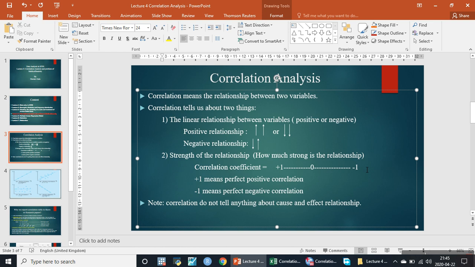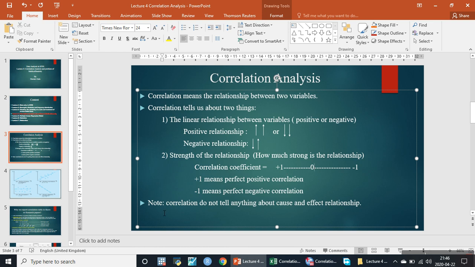So this region is from minus 1 to 0. This region is partial negative relationship. 0 means no relationship between variables, minus 1 means perfect negative relationship, and this region greater than 0 and less than plus 1 is partial positive relationship. Plus 1 means there is perfect positive relationship.